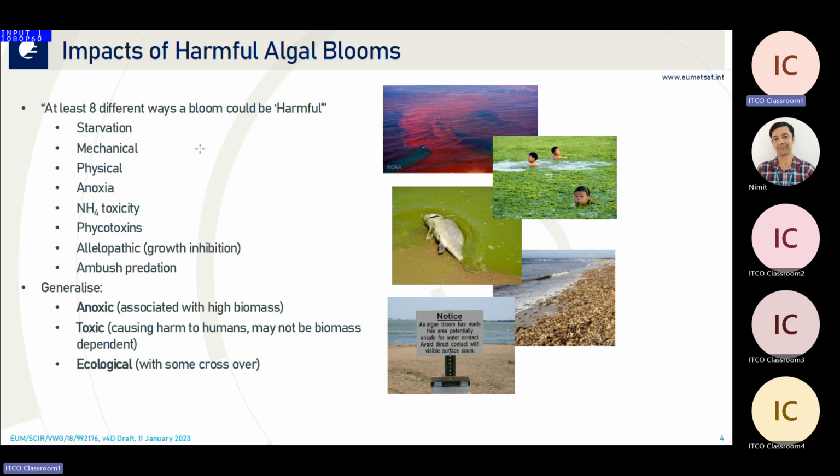And ecological harmful events, when there is some crossover, so there is damage in the ecosystem that is maybe not direct. In some cases, we don't even know we are being intoxicated by algae, because it's fish that has been intoxicated that we eat, and then we have a bad stomach for a few days, and this is also an intoxication by algae.